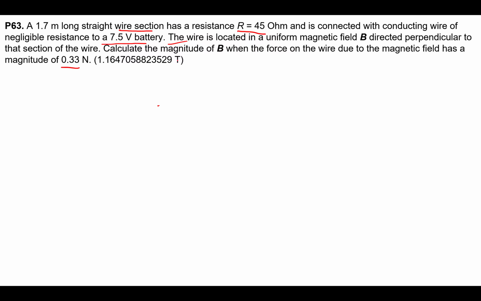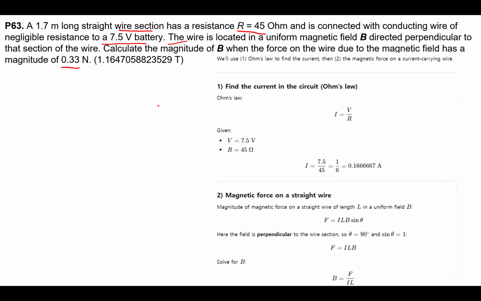Okay. So the first thing is that we are going to utilize Ohm's law. So the current is given by the voltage difference divided by the resistance of the material. Here, voltage is given and resistance is given, such that current is given by this ampere. And for the given ampere, we have a current-carrying wire under the magnetic field. So the magnetic field will exert a magnetic force on the wire given by this one.